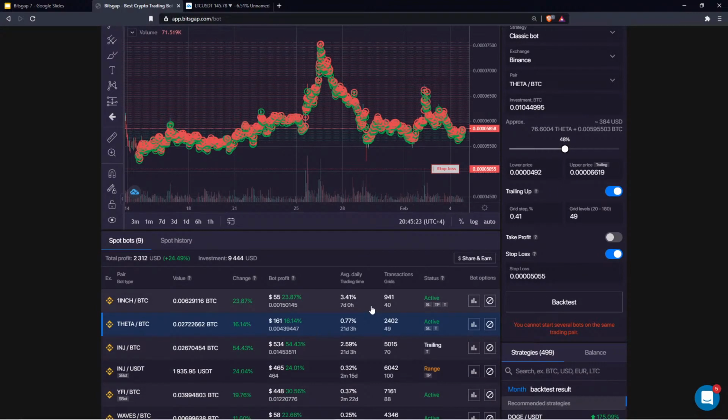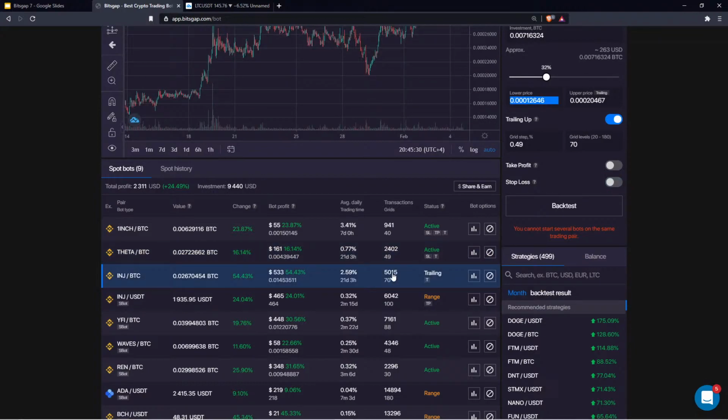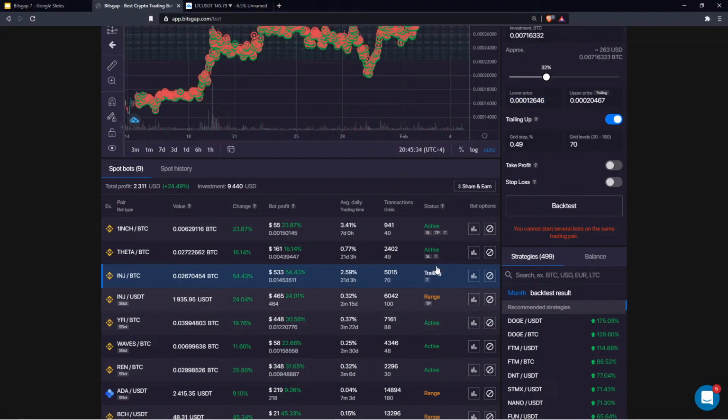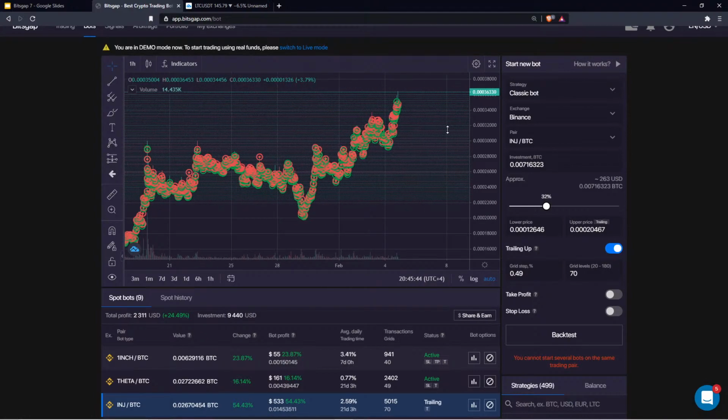And it's basically not the record. Sometimes you see here, ETH trading to Bitcoin, I actually have 5,000 trades in total for the same period of 21 days. Right now you see that the status is trading, which means that we are actually very lucky to spot this case right now.